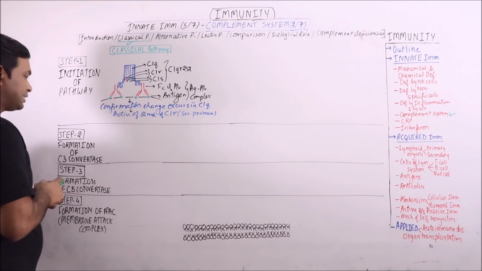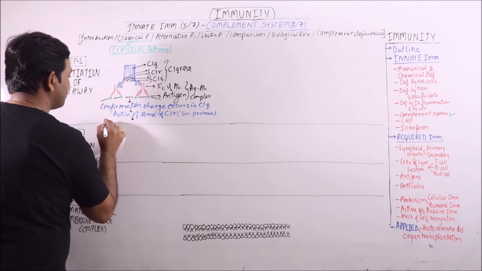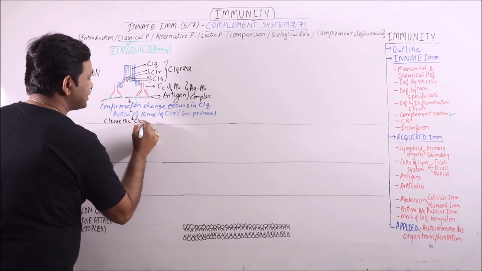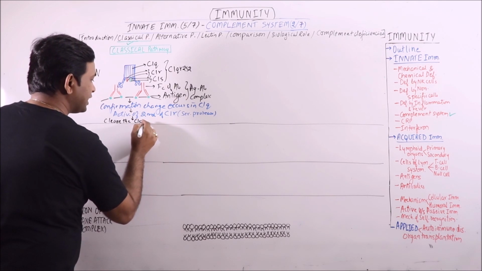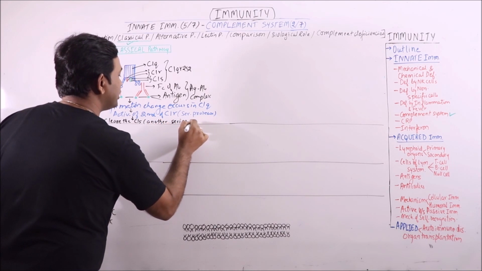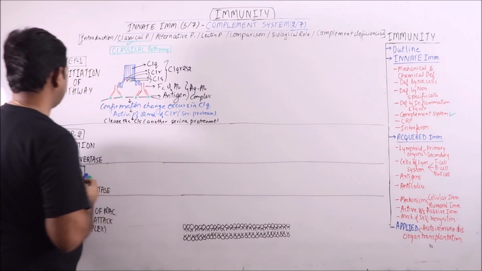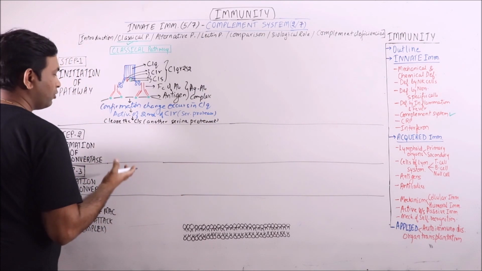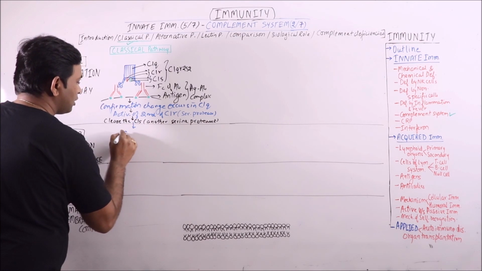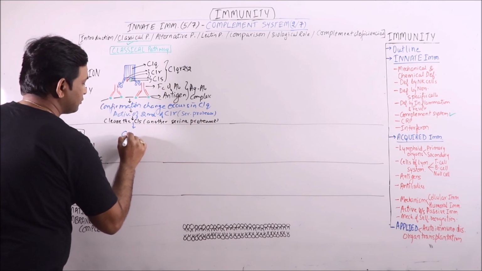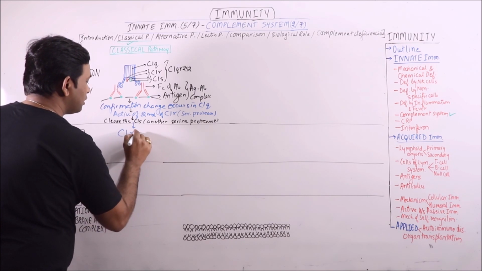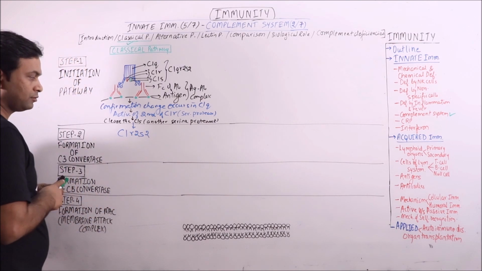And when this C1R is activated, it will cleave the C1S and two molecules of C1S will be cleaved, which are another serine proteases. So finally, C1 R2 S2 complex is formed.